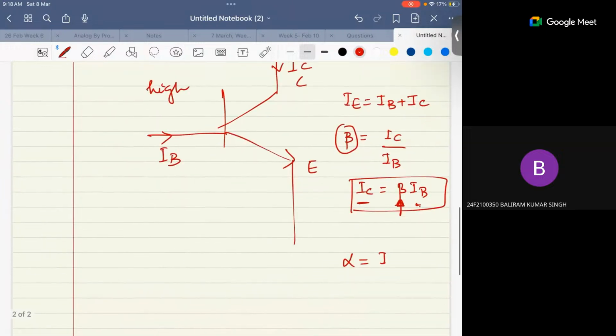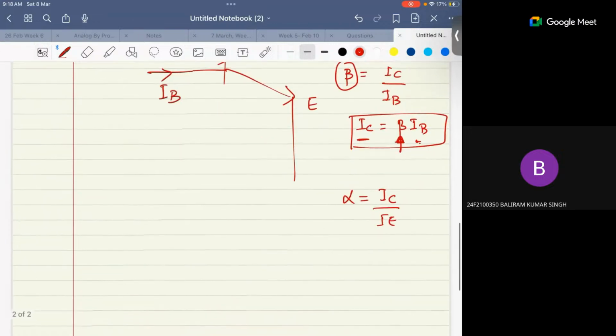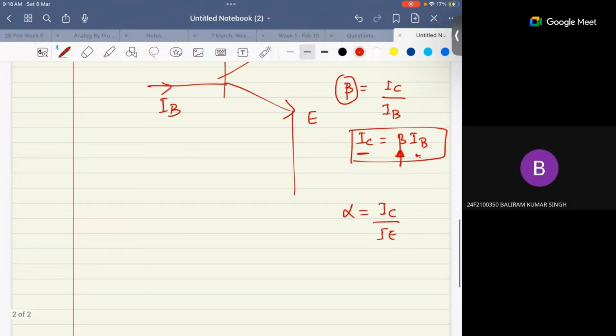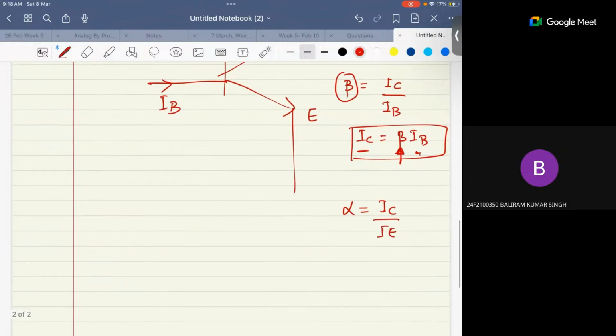It is output current upon input current. If you write alpha in terms of beta, see here I told you, right? Normally the equation is IE equals IC plus IB. If IB is very small, then IE and IC will be comparable.